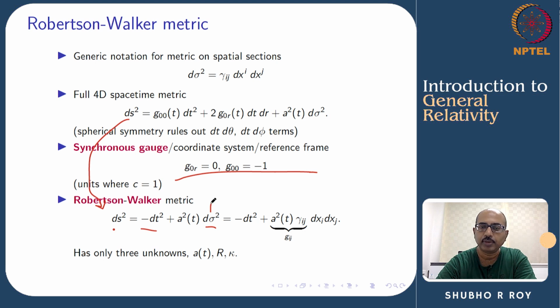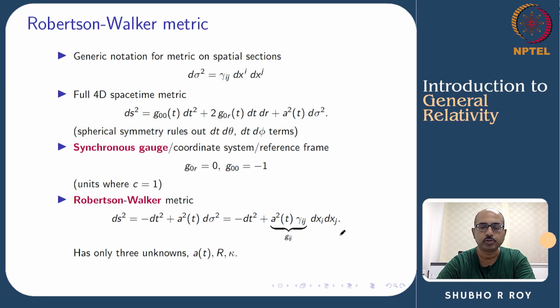And d sigma, again, I'm going to use this abstract notation. D sigma I've written here as gamma ij dxi dxj. And in the literature or in books, you will see that this combination of a squared t gamma ij is sometimes written as little gij, the spatial component of the full space-time metric.